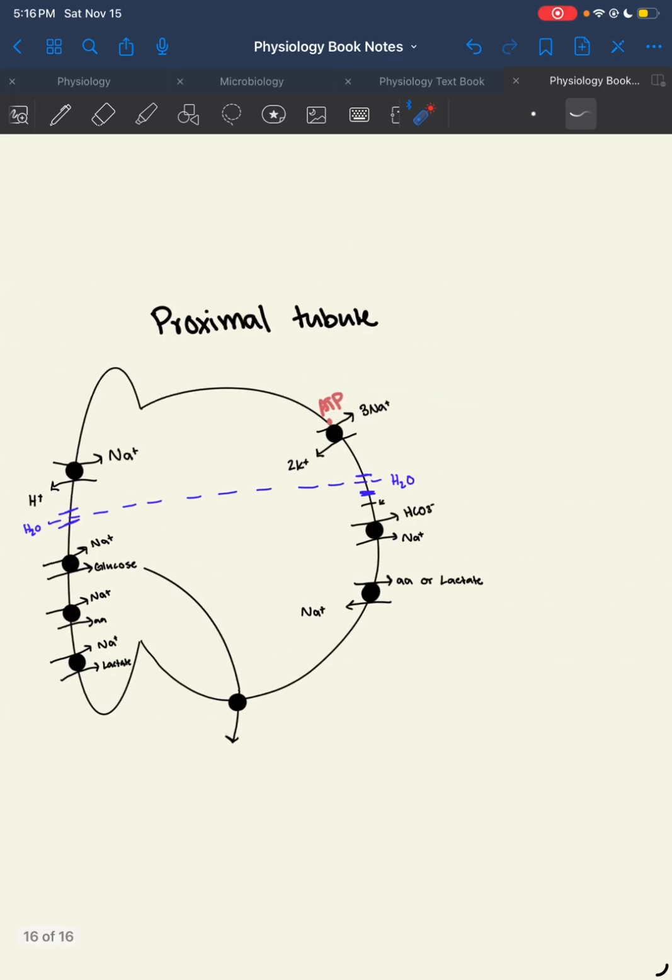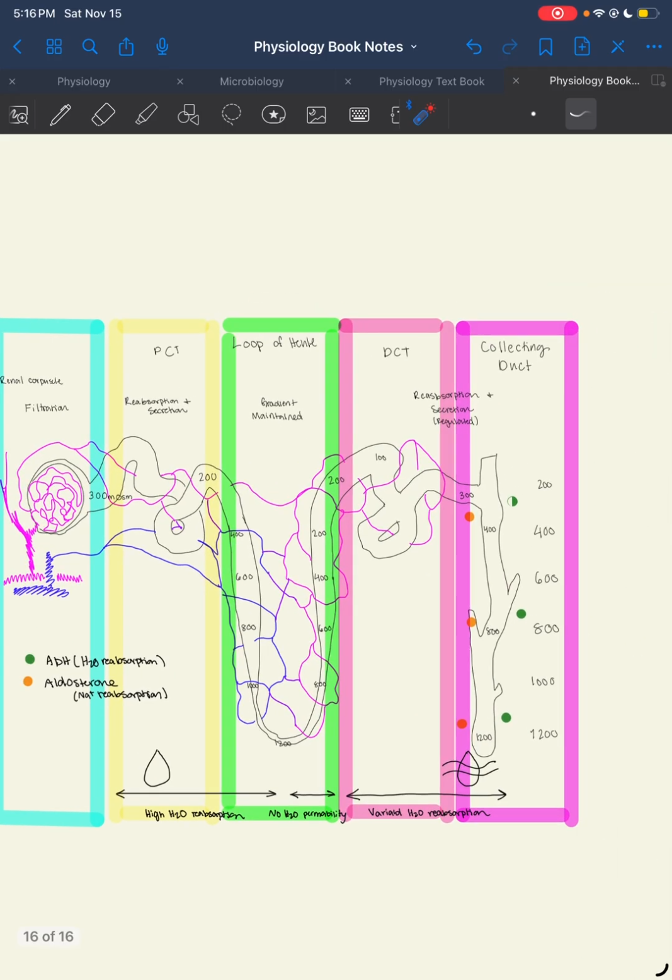So part 2 we're moving on to is right here, the loop of Henle, and how the loop of Henle creates the medullary concentration gradient. The descending limb is permeable to water but not permeable to solutes, and as filtrate moves down, water leaves, making the filtrate more concentrated.